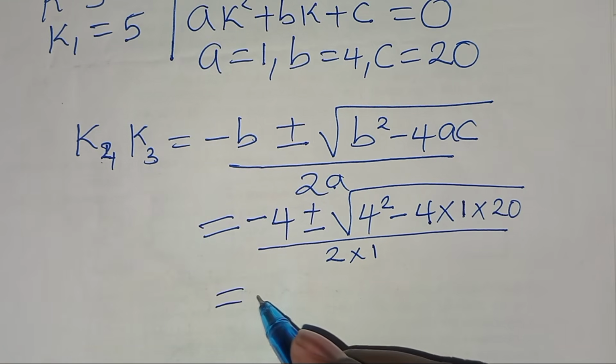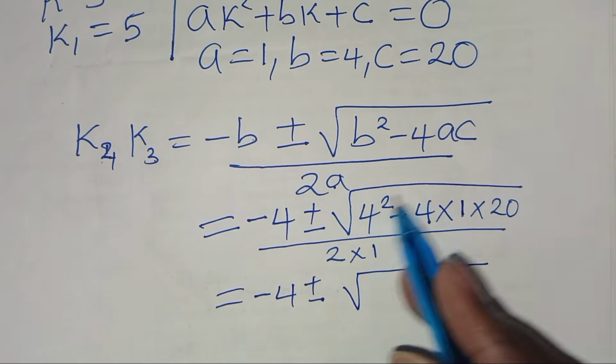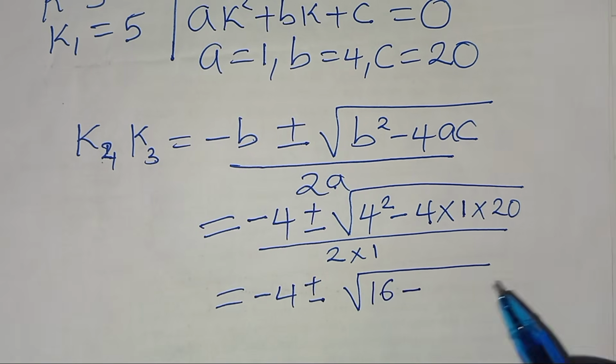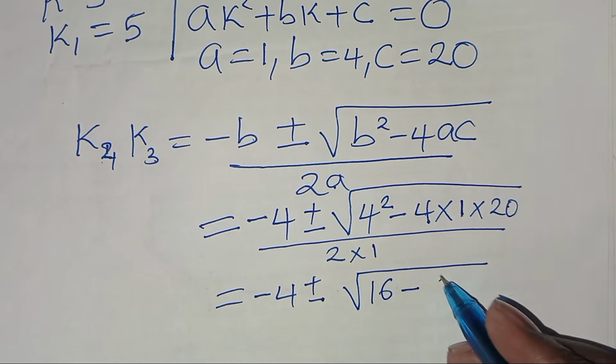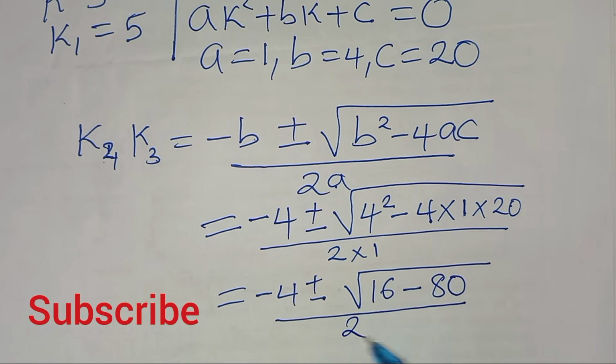So here we'll have negative 4 plus or minus the square root of 16, subtract 4 times 20, which is 80, divided by 2.